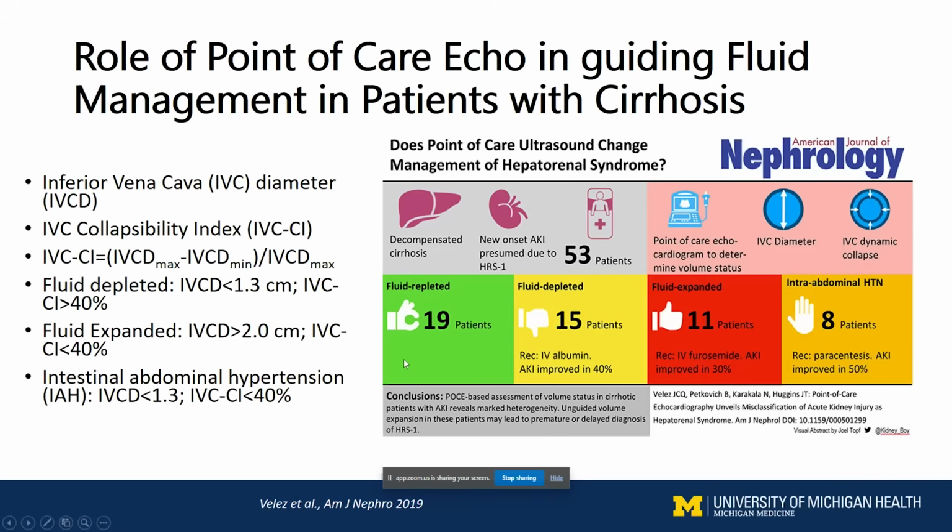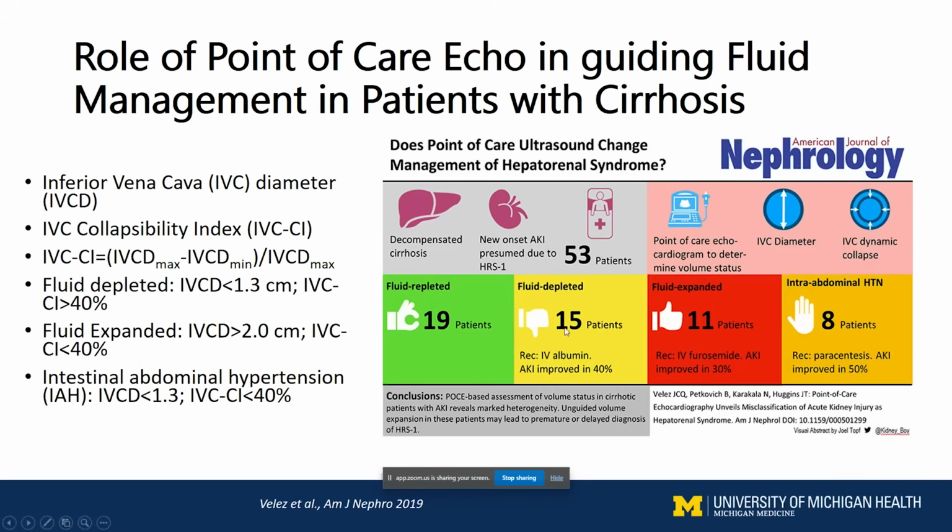Only 19 patients were fluid depleted. 15 patients were still fluid depleted. 11 patients were fluid expanded, so they used furosemide, Lasix, in those patients, and 8 patients had intra-abdominal hypertension. So basically, one size does not fit all, and I think we need to incorporate point of care echocardiogram to determine the volume status.